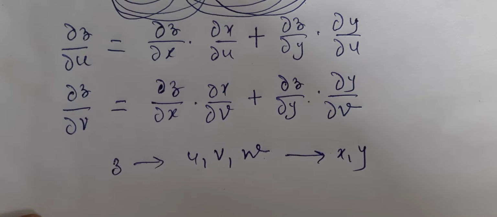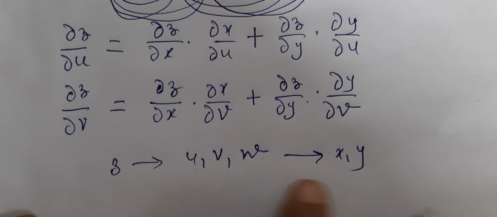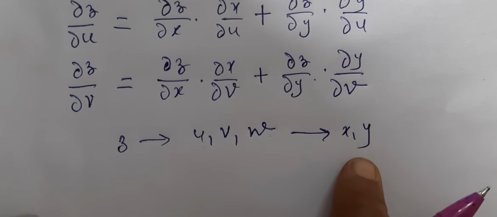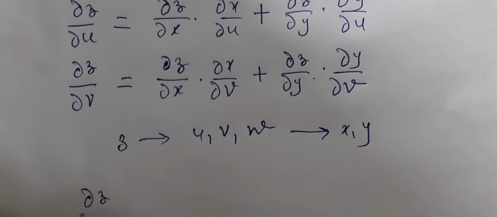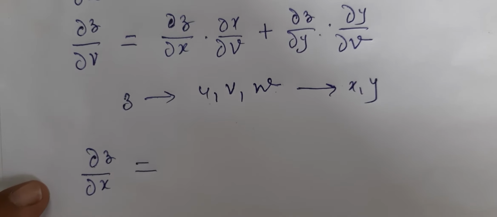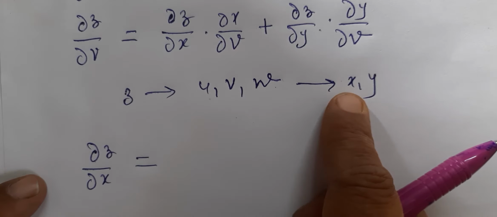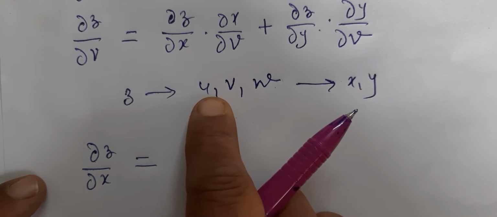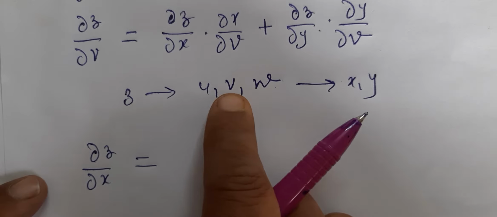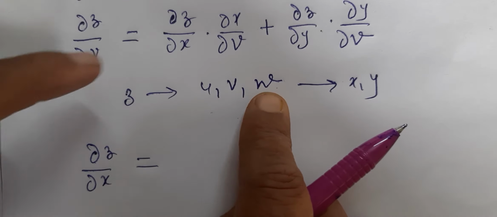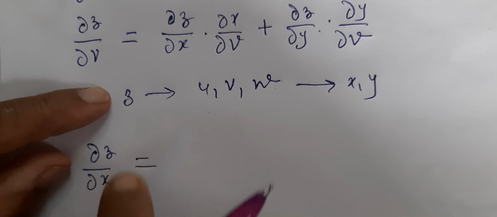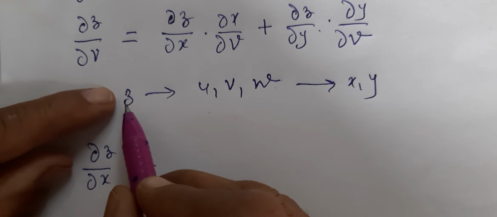Now exactly the same way z is also a function of x and y, and now when I want to find del z by del x, again see properly, z is a function of x via u, via v as well as via w. So exactly in a similar way, what formula do you expect here, try it on your own.